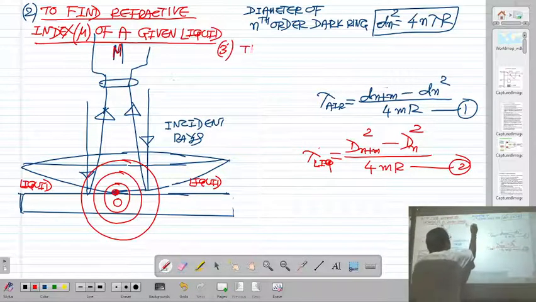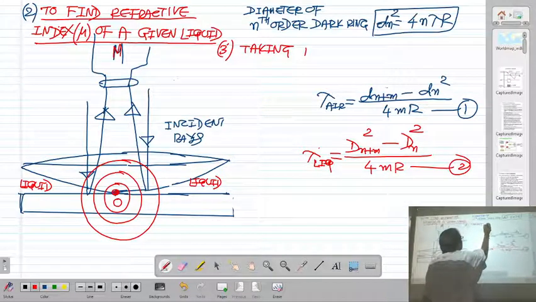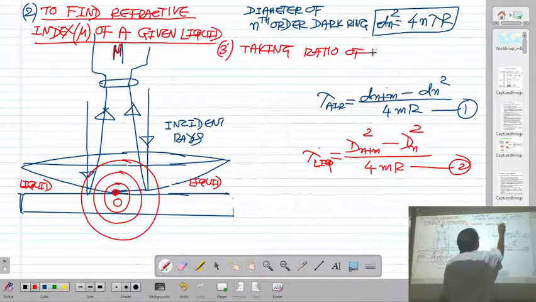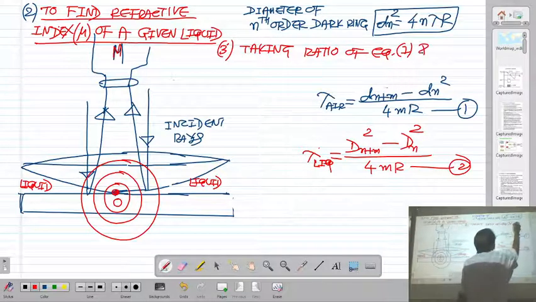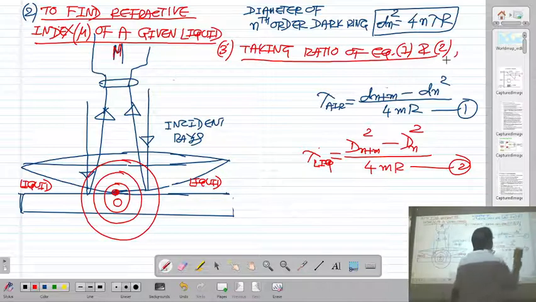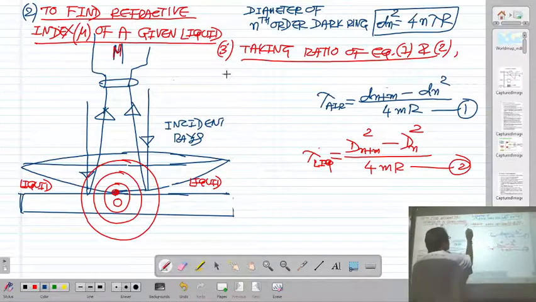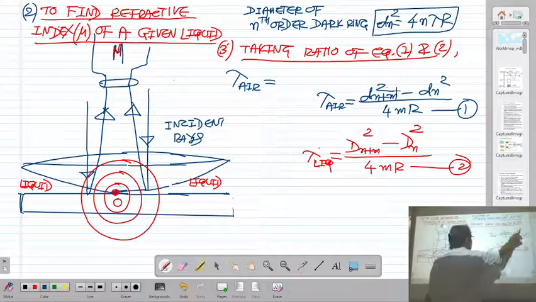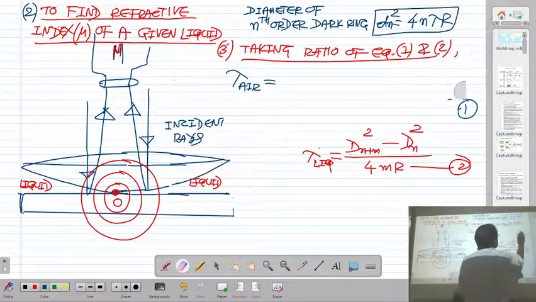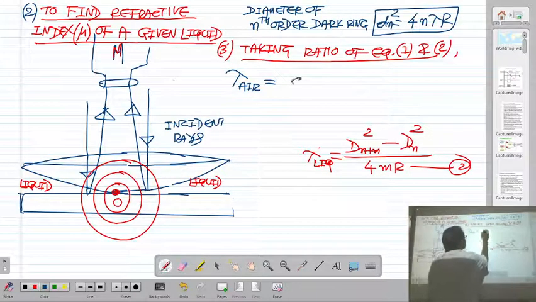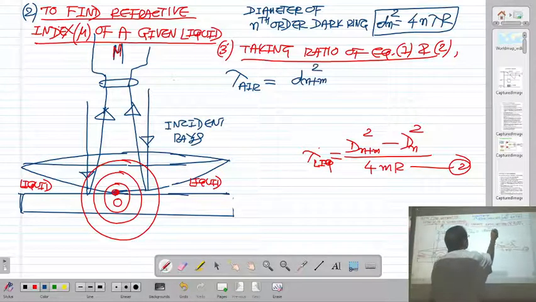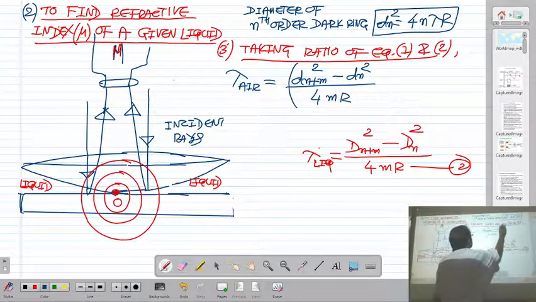taking the ratio of equation 1 and 2, we get lambda.